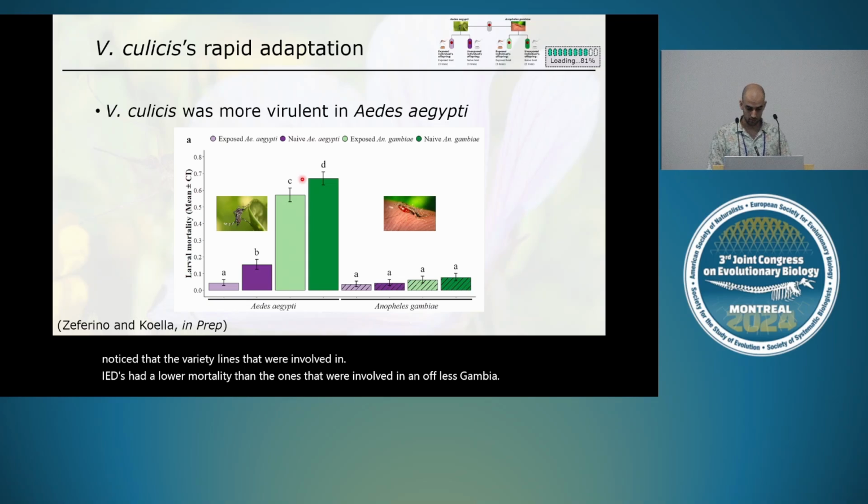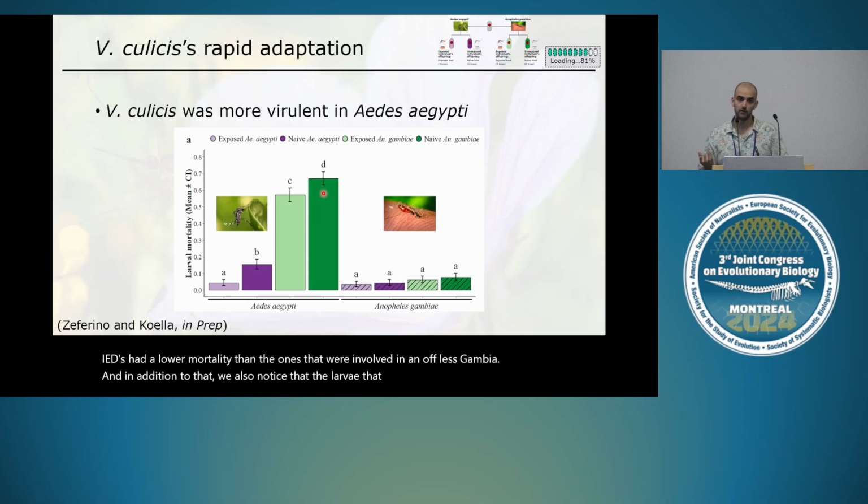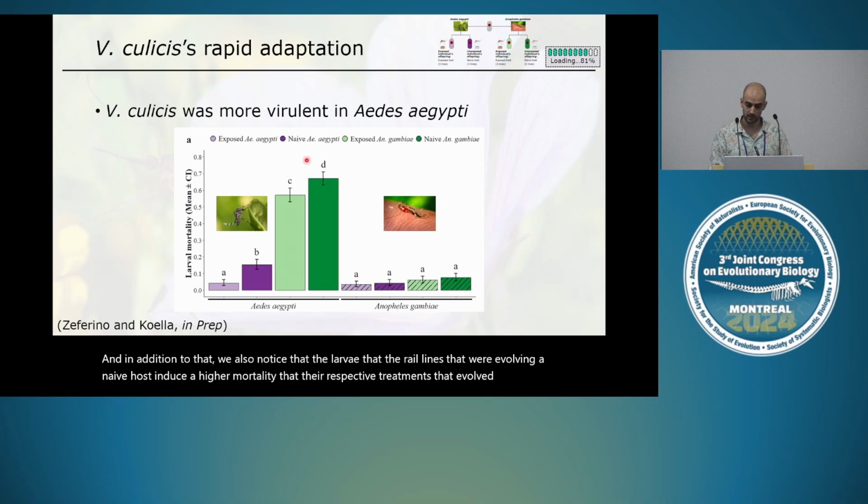In addition, the Vavraria lines that were evolved in a naive host induced a higher mortality than their respective treatments that evolved in an exposed host. So basically, the dark green bar is higher than the light green, and the same for the purple.